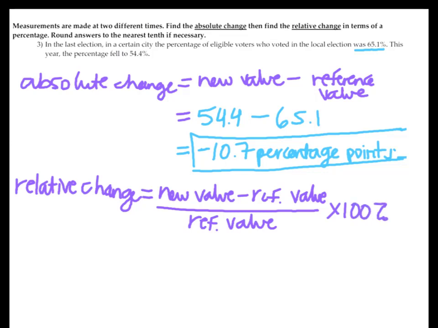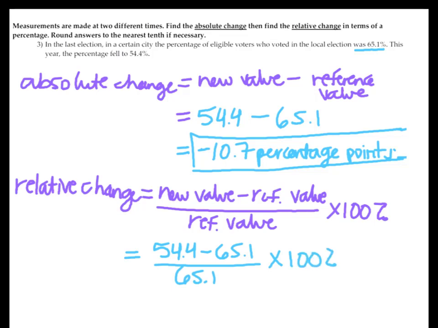Okay? So from here we can substitute what we know. And again, the new value is 54.4, and we subtract that by the reference value of 65.1. Divide that over 65.1, the reference value, and multiply that by 100%.